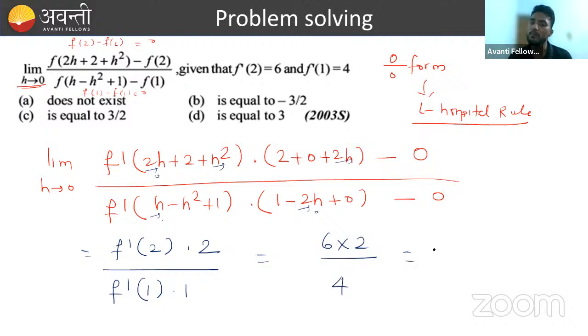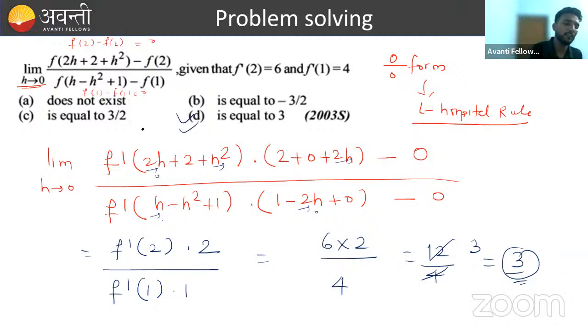So it is 12 by 4. After cancelling, you will get 3. So 3 is your correct answer. Just use the property of the L-Hospital rule and you will get the answer. Is it clear, everyone? I hope it is okay.